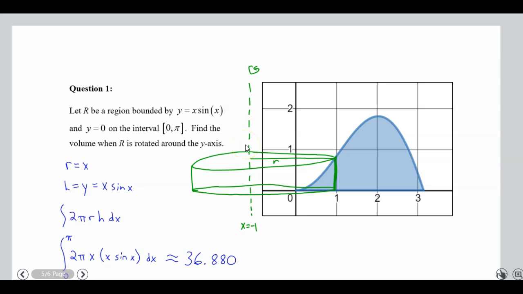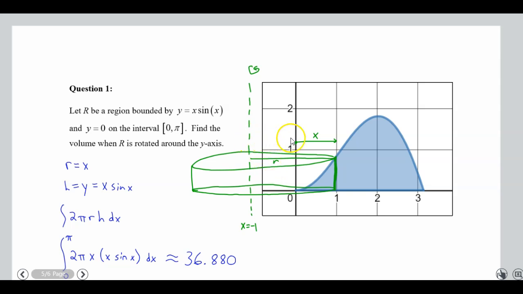So the way to think about this one is anytime you go from your y-axis to your rectangle, you can always think about that as being a distance of x. So that usually helps to just draw that in, start with that.